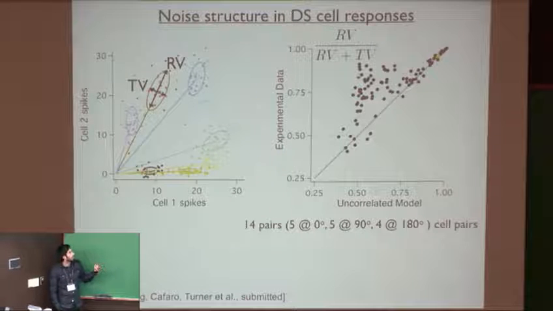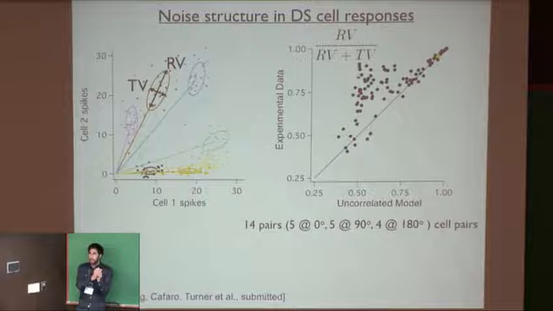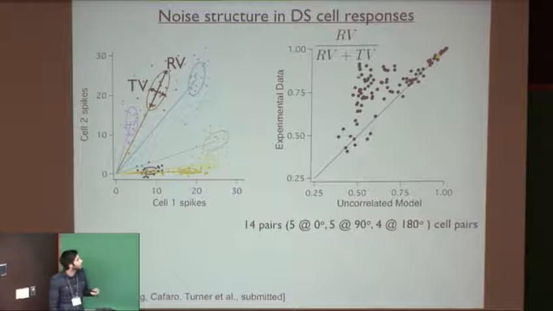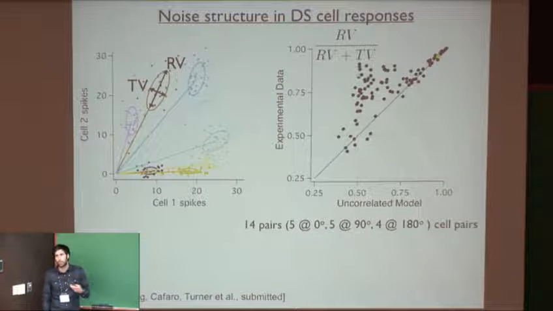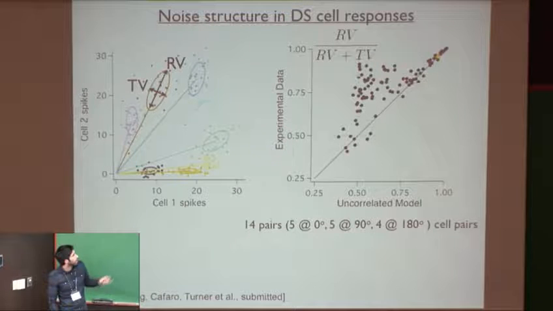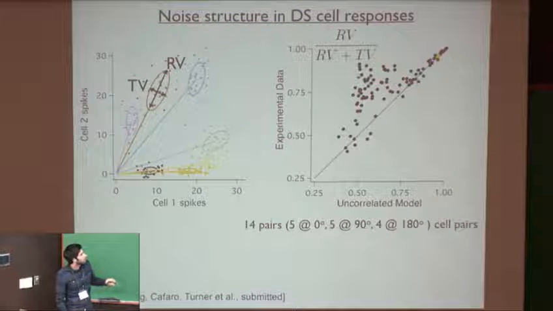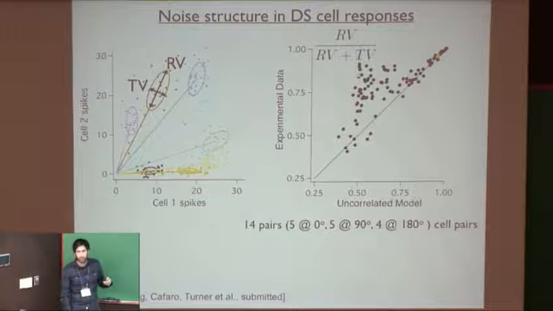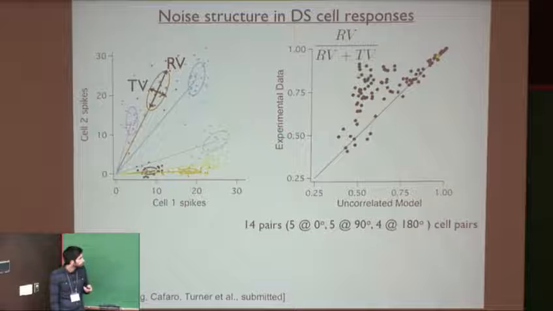So if this number is 1, all of the variability is in the safe radial direction. If the number is 0, all of the variability is in the dangerous tangential direction. The vertical axis here is the raw experimental data. The average value is roughly 0.8, so 80% of the variability is in the safe radial direction.